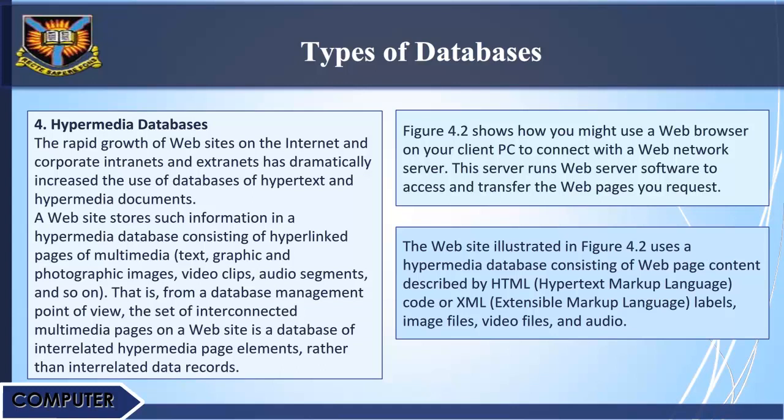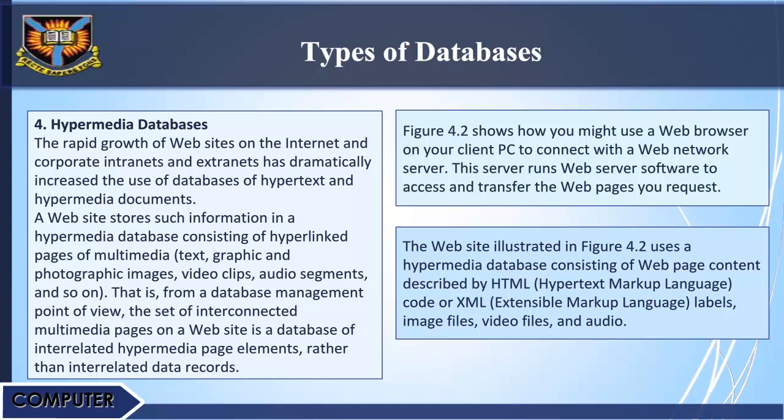Figure 4.2 shows how you might use a web browser on your client PC to connect with a web network server. This server runs web server software to access and transfer the web pages you request.